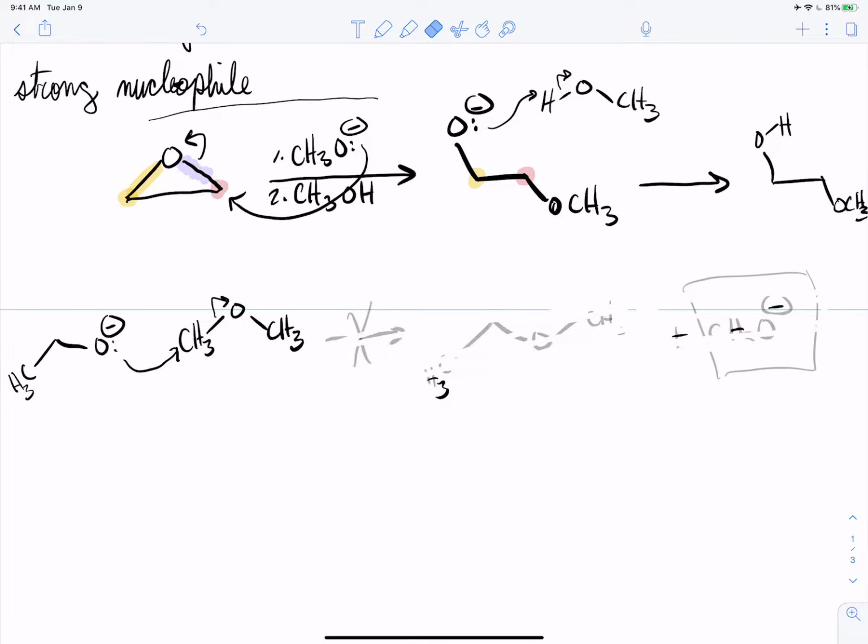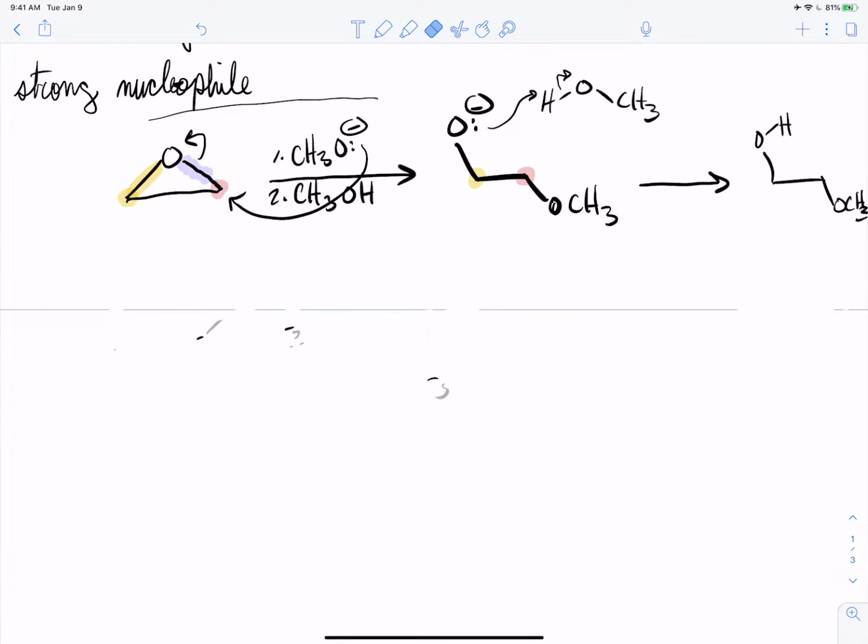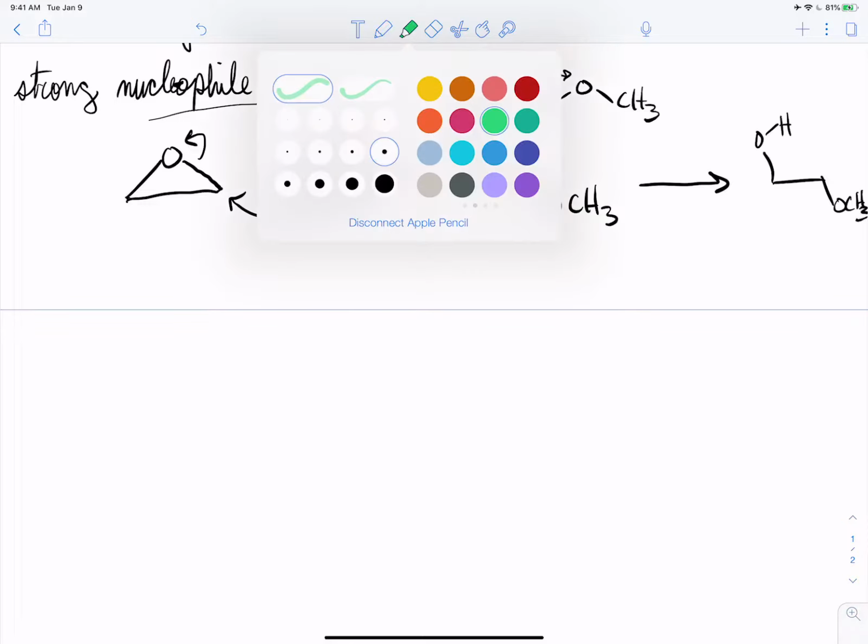So that doesn't work. Why is it that this works for epoxides then? This relates back to what I was talking about earlier. If you want to get down to the fundamental aspect of it, the reason that alkoxides don't typically leave as leaving groups is because they're so high energy. But here, the thermodynamics that work against you for the leaving group are compensated for because you're getting some ring strain relief.